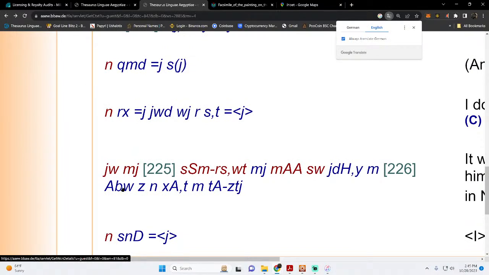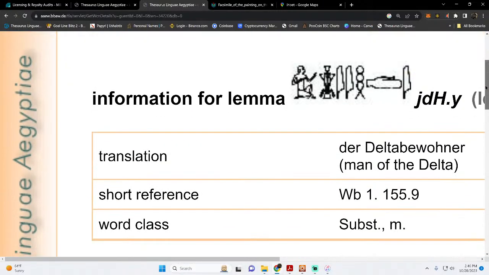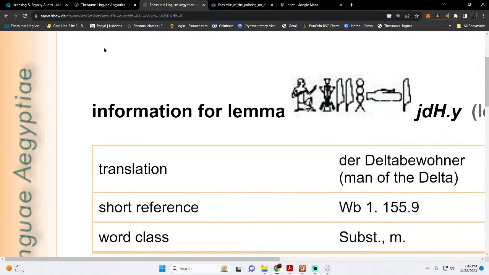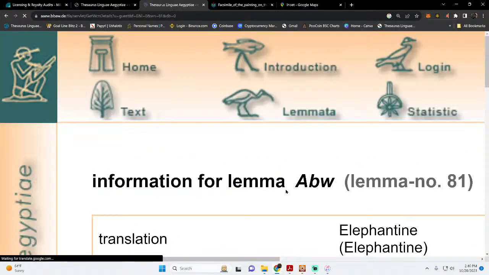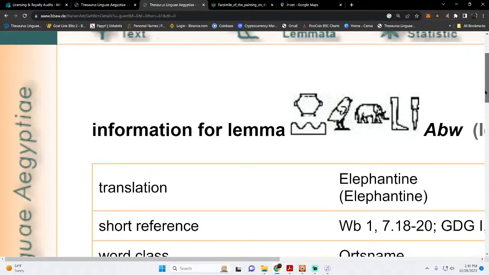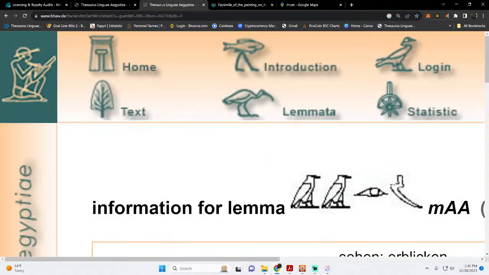This is going to be in Abydos or Abu in Elephantine. This is a man of the Delta, right? There we go. So, man of the Delta. Now when I click this, of or by Abydos. See, so it is like a dream, but they say like seeing.